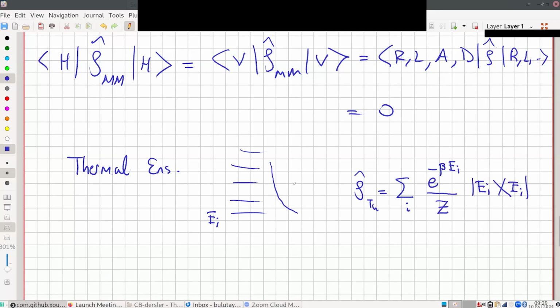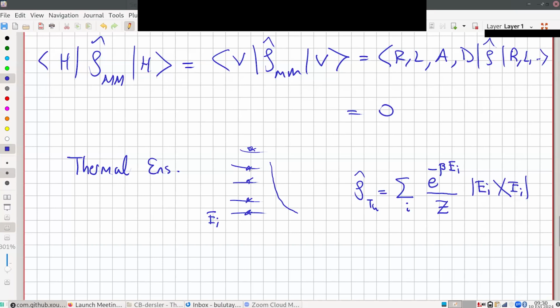So states that are lower in energy are more populated, like a thermal system. And if you really let temperature go to infinity, all these states will be equally populated. So it will become a maximally mixed state. In quantum optics, thermal and maximally mixed states arise very commonly.